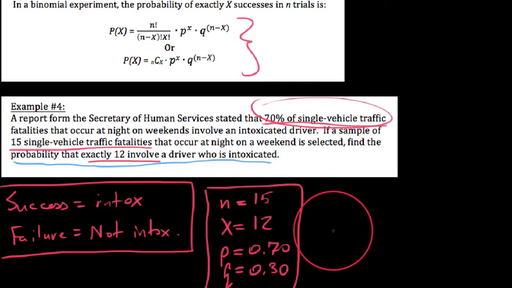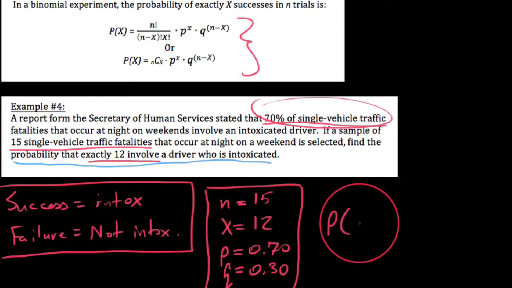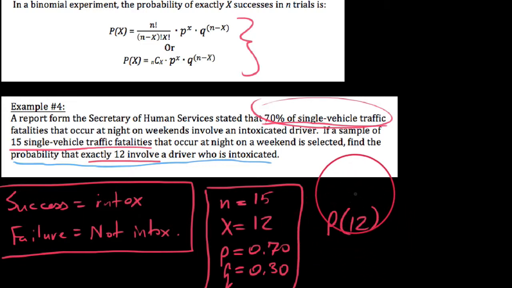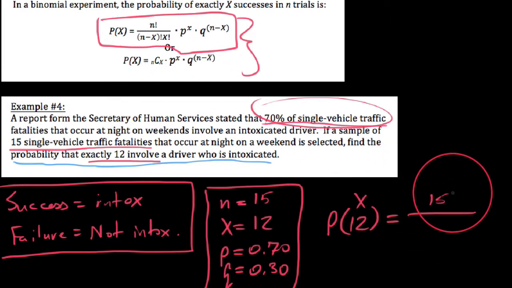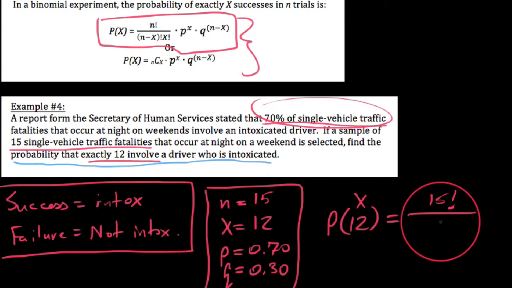We could find the probability of exactly 12 successes using the formula. Recall the formula, written up here. It starts with the number of trials on top, so 15 factorial, which in and of itself is a ginormous number. In the denominator we put the number of successes, 12 factorial, and if there are 12 successes out of 15, then the other 3 are failures.